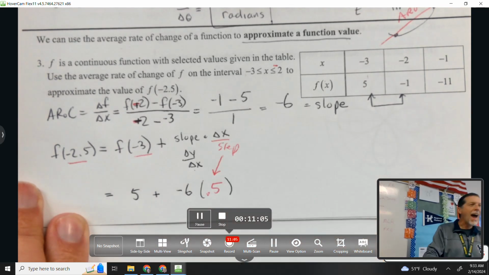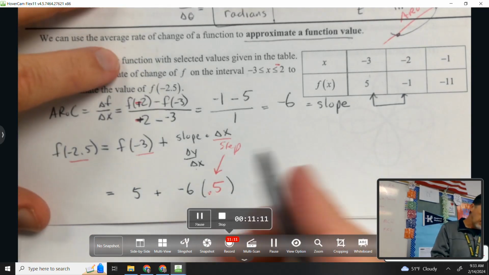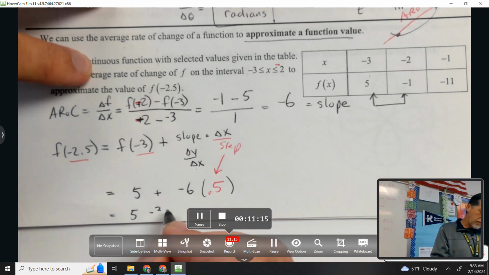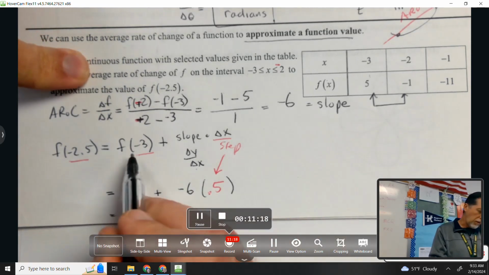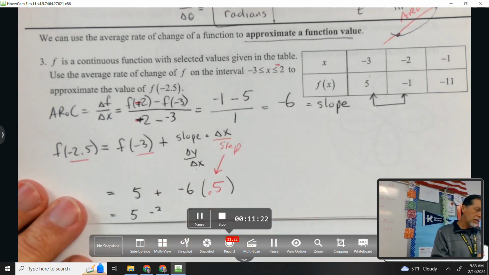It's just a half. From negative 3 to negative 2.5, that's a step of a half.